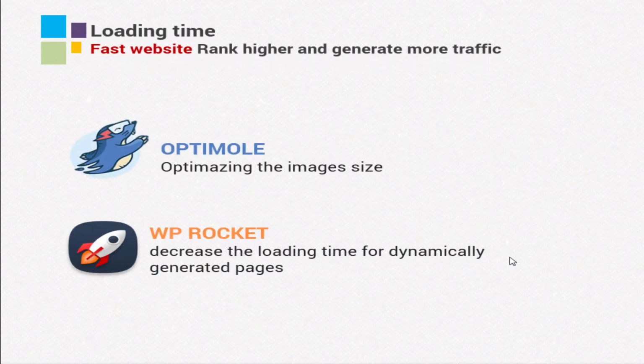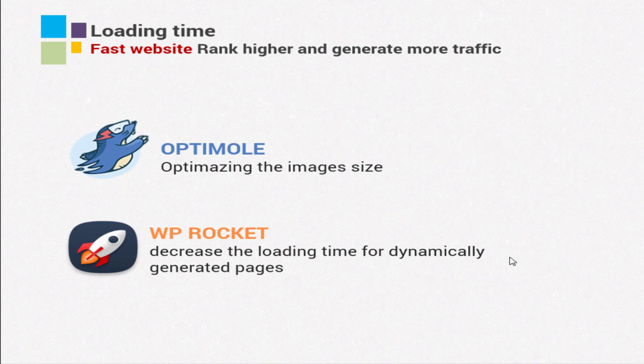So as I told you, we don't need any technical skills to speed up our WordPress website. By installing those two plugins, we will reach this goal and make the job faster. So we have the Optimole plugin, and the second is WP Rocket. Let's start with Optimole.